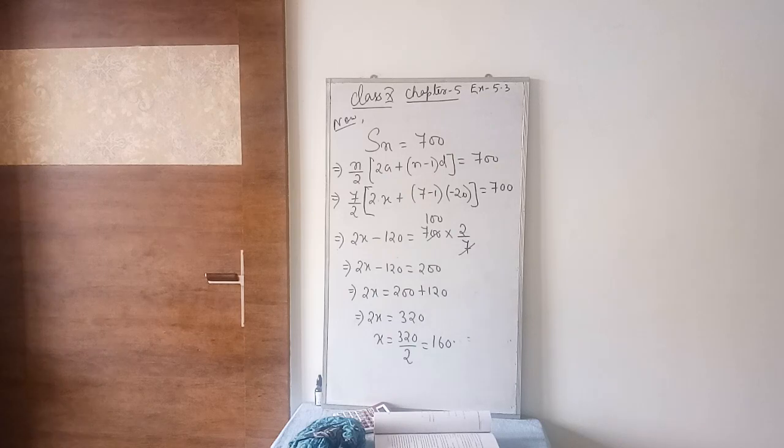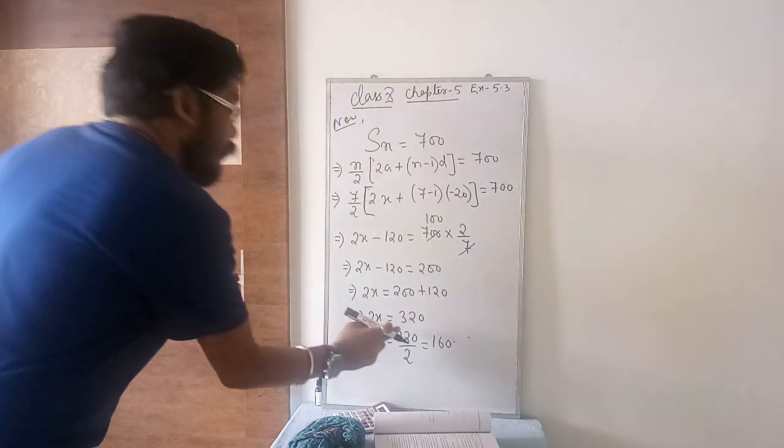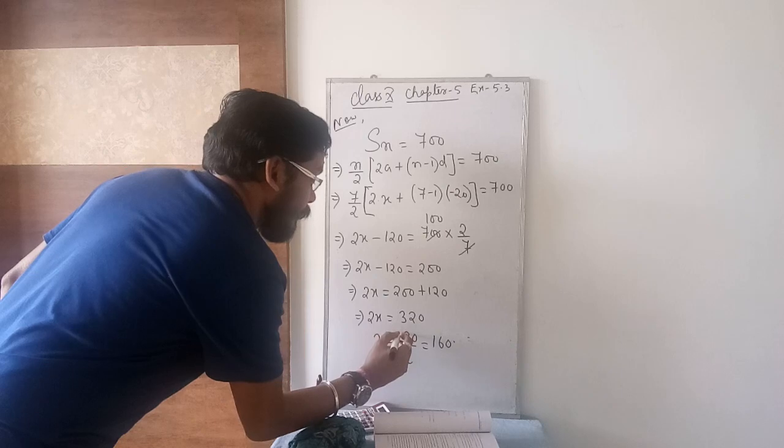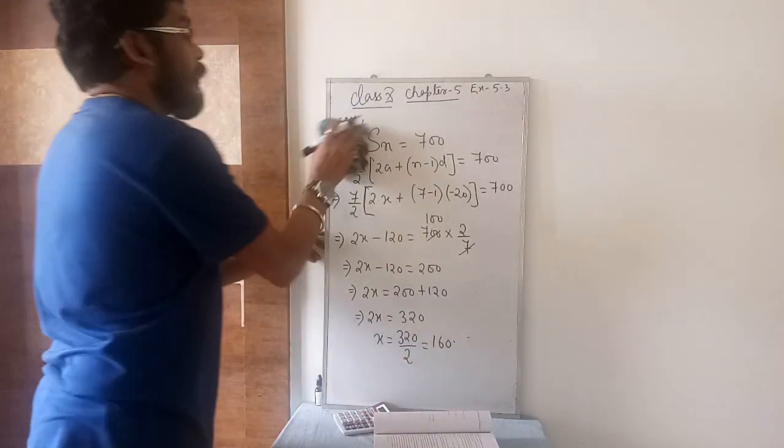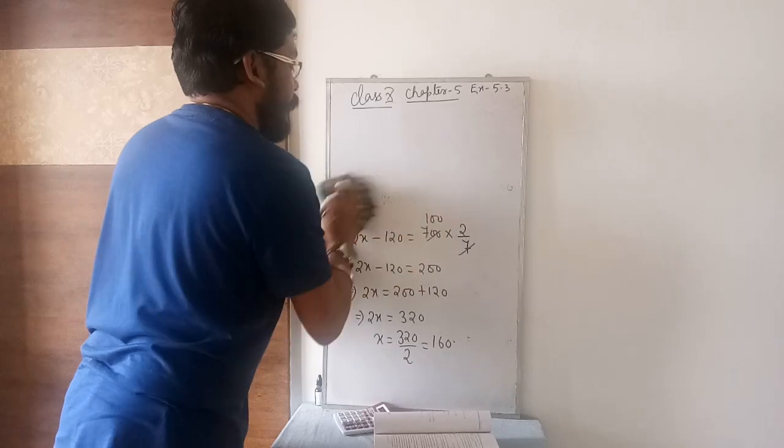Okay, take the screenshot of this part. Okay, so your first prize is 160. Clear? So now you will write all the details.